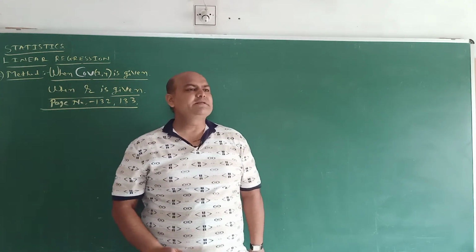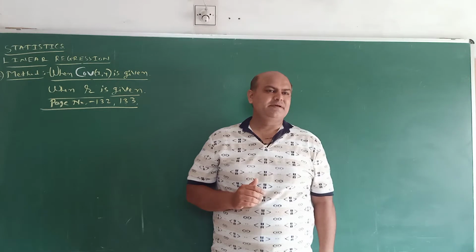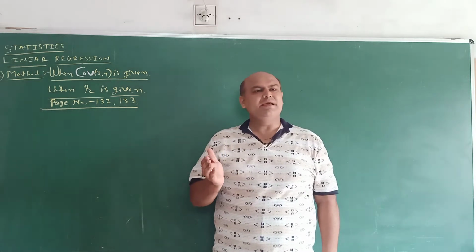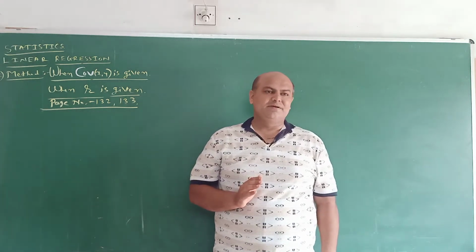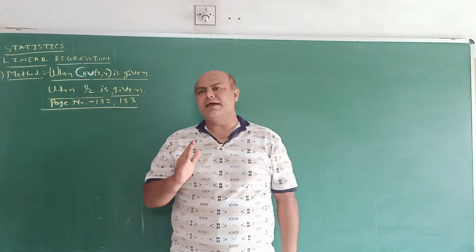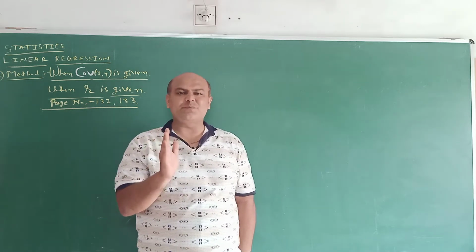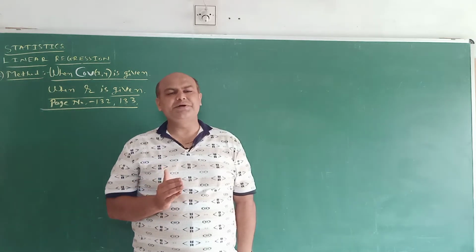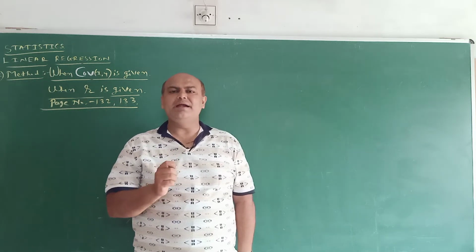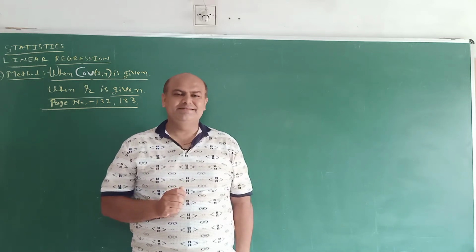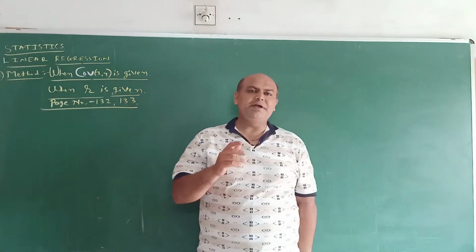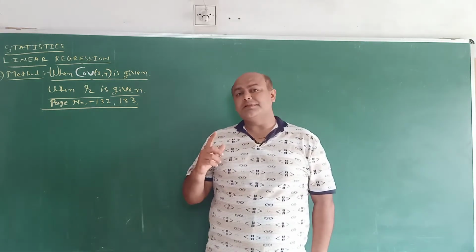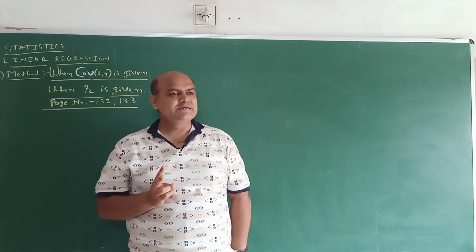Then we take sums of the xy method, in which two additional columns we prepare, xy and x square. Two columns are provided, x and y, and additional two columns we prepare, that is xy and x square. Then also we find regression coefficient, constant and regression line. My dear friends, then we take the UV method in linear regression. In the UV method, we take two types of sums.